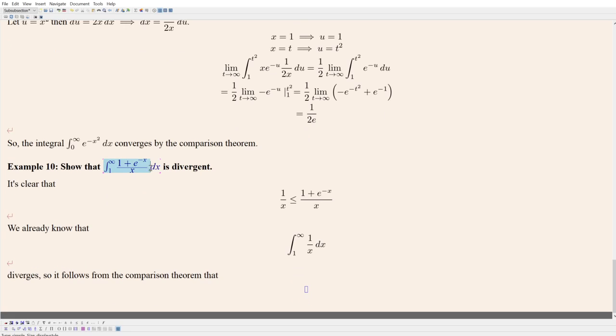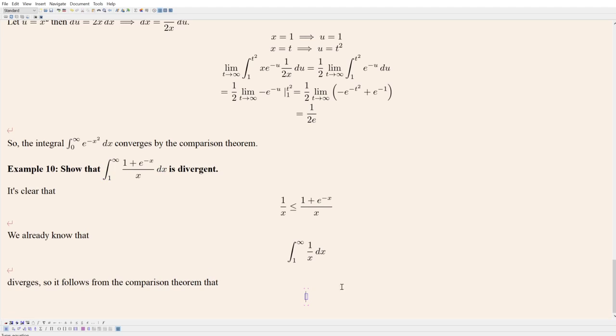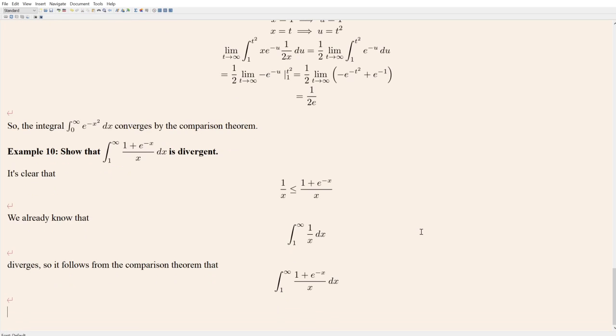Yep. So it immediately follows that this one diverges as well. Because it's bigger. And you can't be bigger than infinity without also being infinity yourself. So that's all there is for that one.